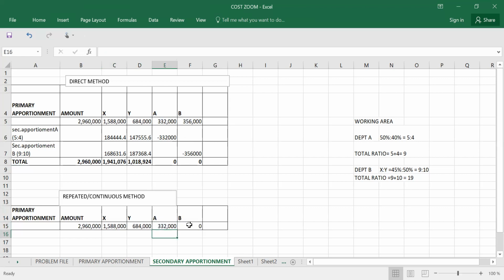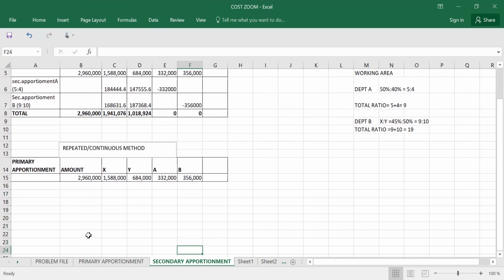So these are just issues of IT that are disturbing me, but just get to know that we are getting these figures. Like I told you, for all the methods, repeated, direct, we start with the primary apportionment, always, right? So again, that is our primary apportionment.